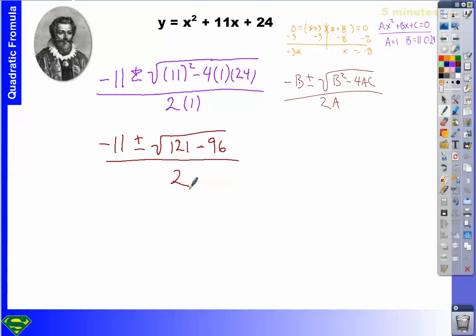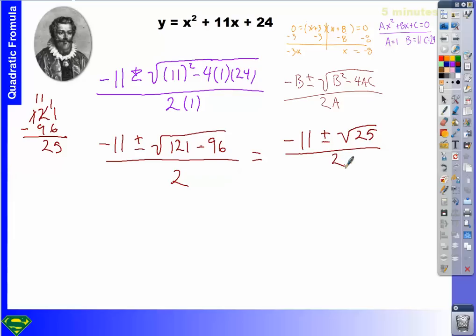This is a little embarrassing, folks. 121 minus 96, you have to borrow. There's a 5, that's now a 1. Have to borrow. It's 25. It better not be 24, because then it'll be a lot harder of a problem. Plus or minus the square root of 25, all over 2.